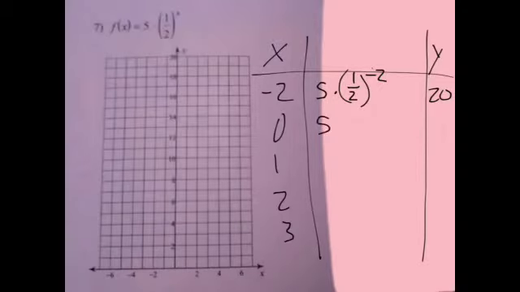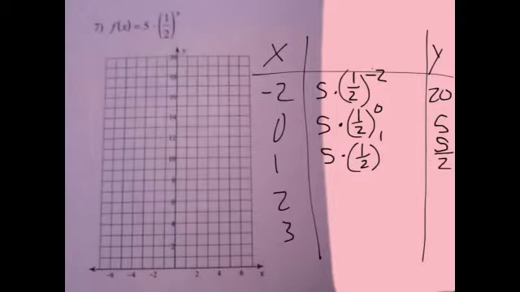And then my next one, 5 times 1/2 to the 0th power. 1/2 to the 0 power is just 1, so 5 times 1 gives me 5. You're going to have 5 times 1/2 to the first power. 1/2 to the first power is just 1/2. Times it by the 5, you will get 5 halves, which is 5 over 2.